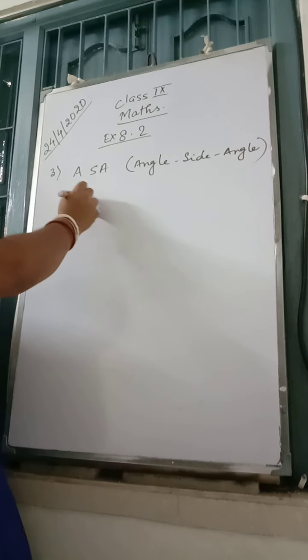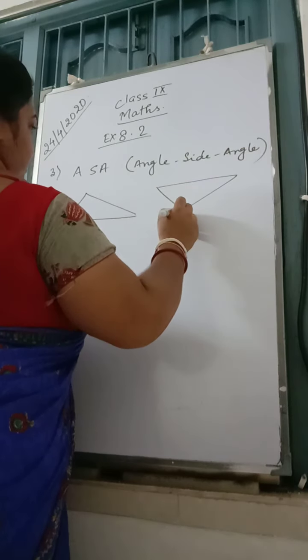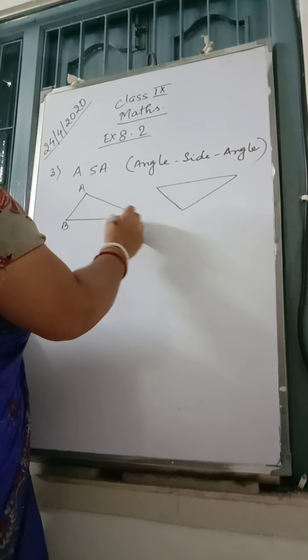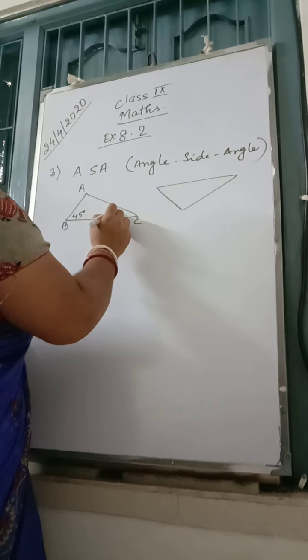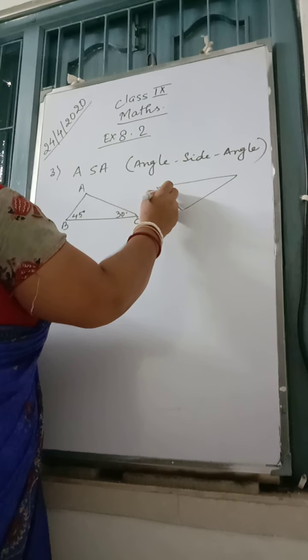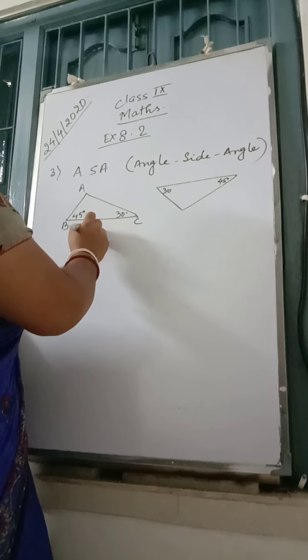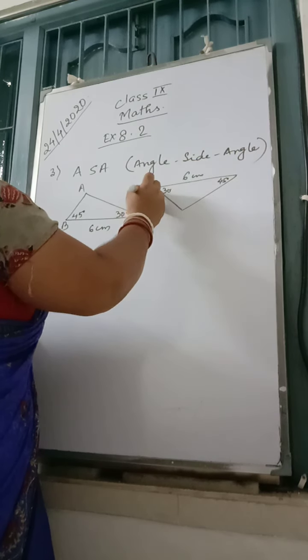Now you have two triangles, A, B, C. This is 45 degree. This is 30 degree. This is 30 degree. And this is 45 degree. So two angles are equal, and this side is 6 centimeter and this side is 6 centimeter.